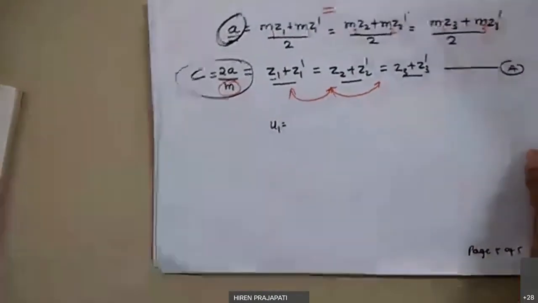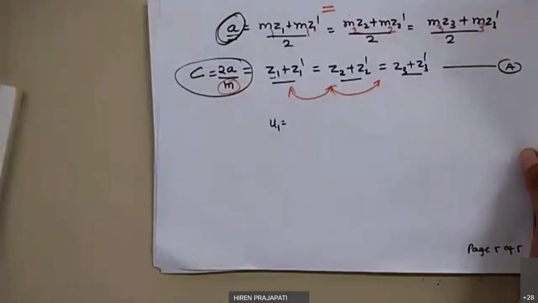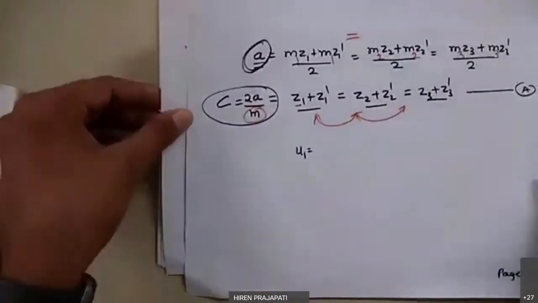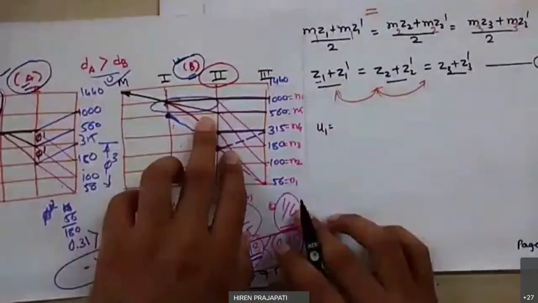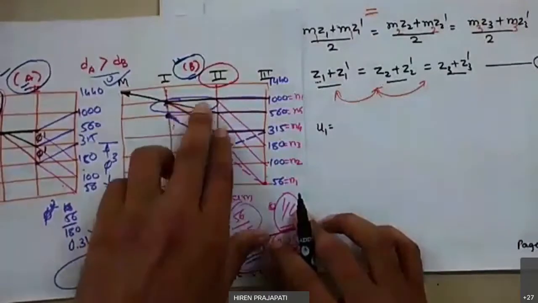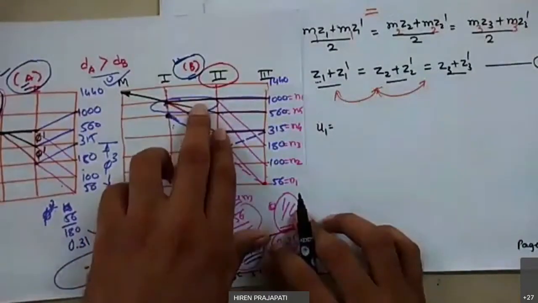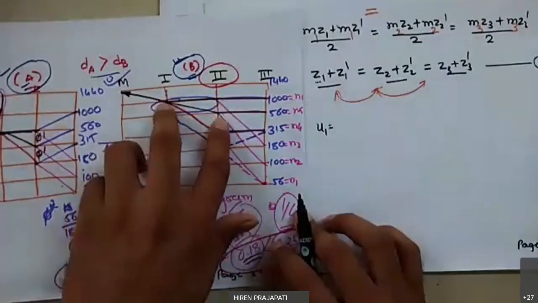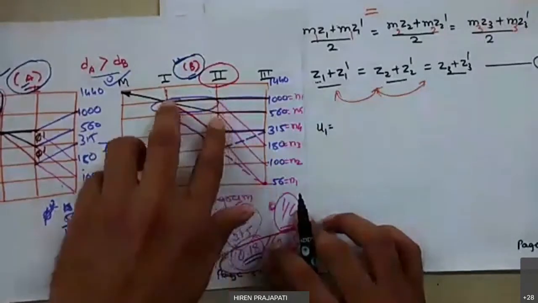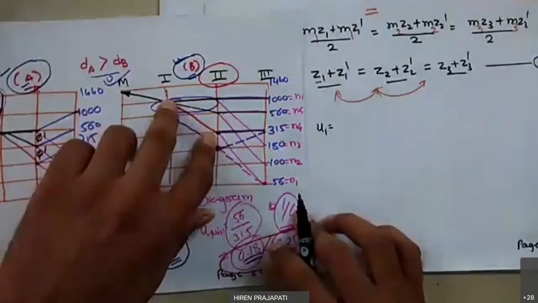If I again open the ray diagram, then what is U1? Suppose I call this U1, then it's Z1 dash by Z1. Sorry, this is Z1 only. This is Z1 dash by Z1, this is Z2 dash by Z2, right?